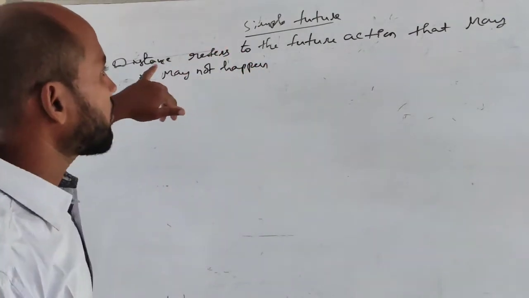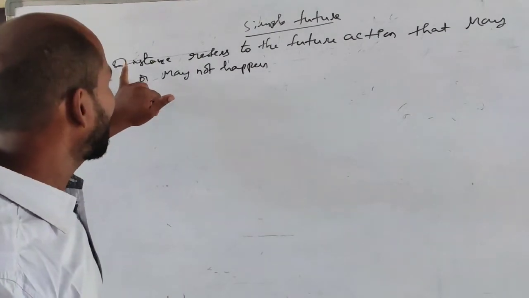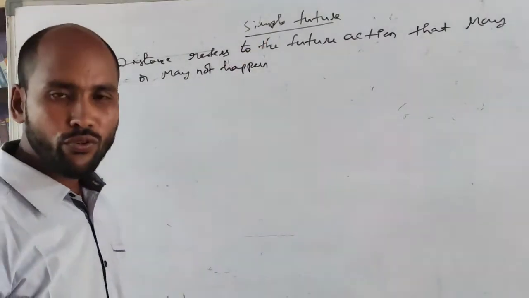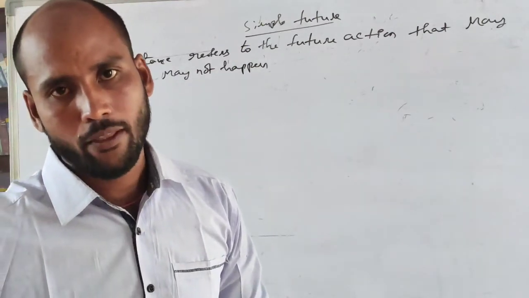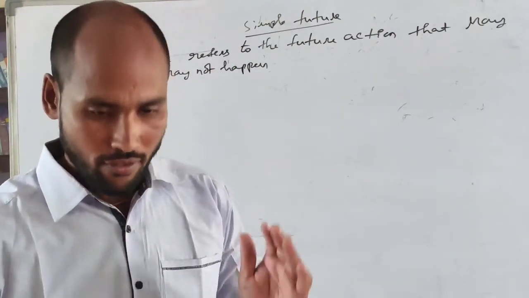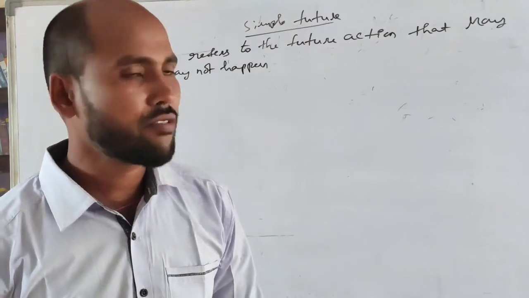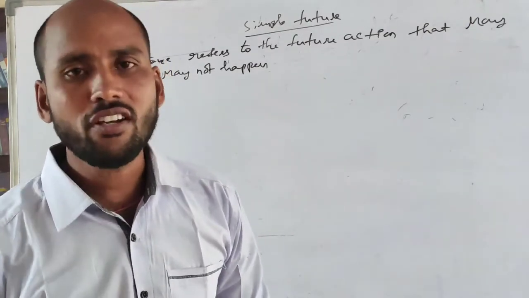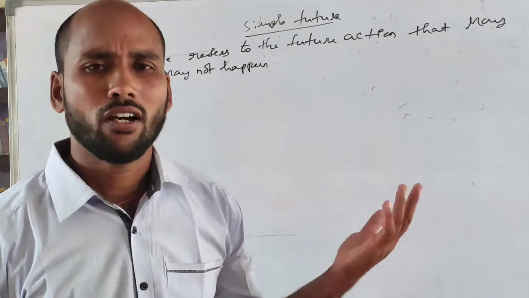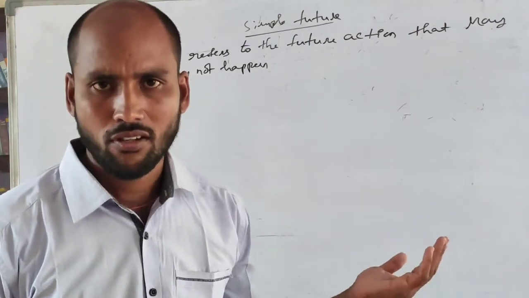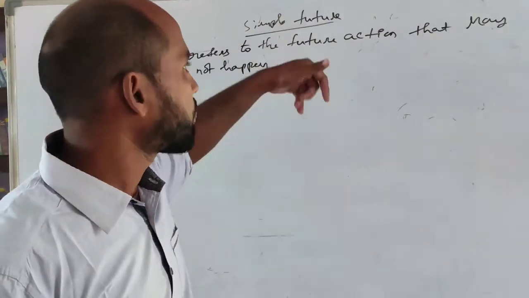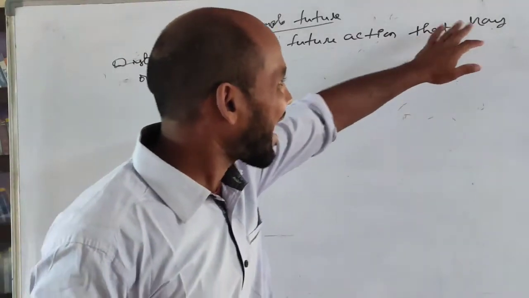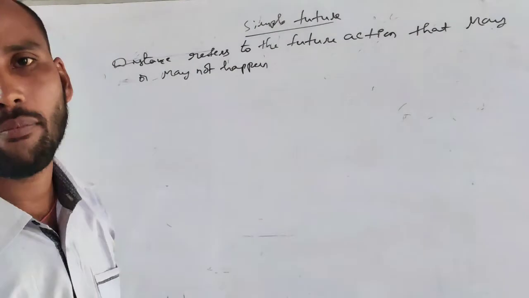This tense refers to future actions. That means coming actions. We are not doing that action; we are in the present situation. We talk about future actions or future conditions. Such types of actions we write only in simple future tense. Those actions may or may not happen.